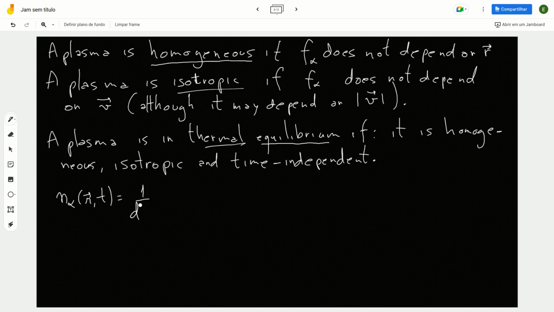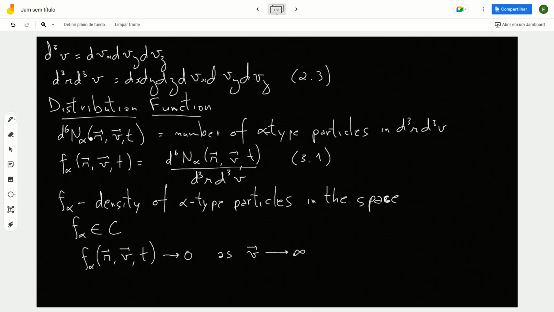It's defined as the integration in v of this quantity, which we have defined here, the number of alpha-type particles.